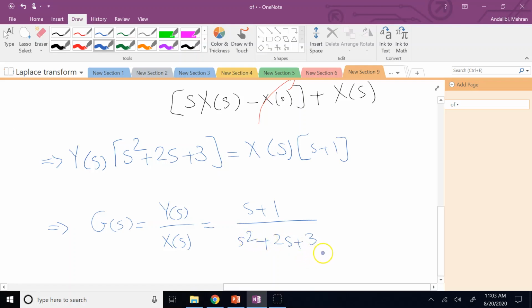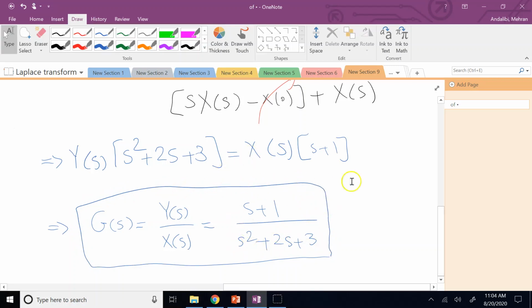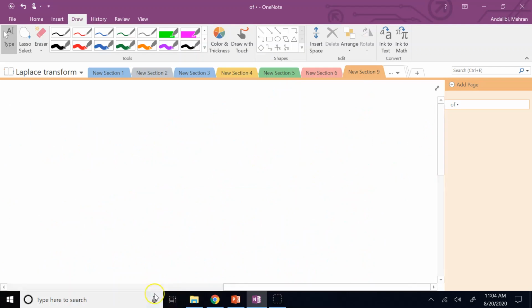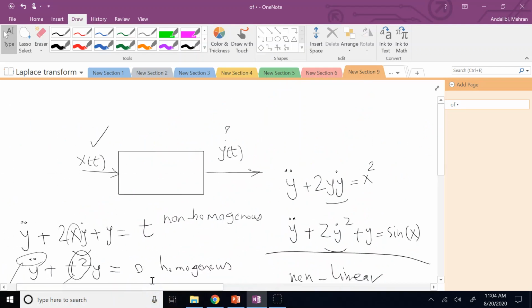So transfer functions are typically rational functions like this. And so now I can write it up there in that box.